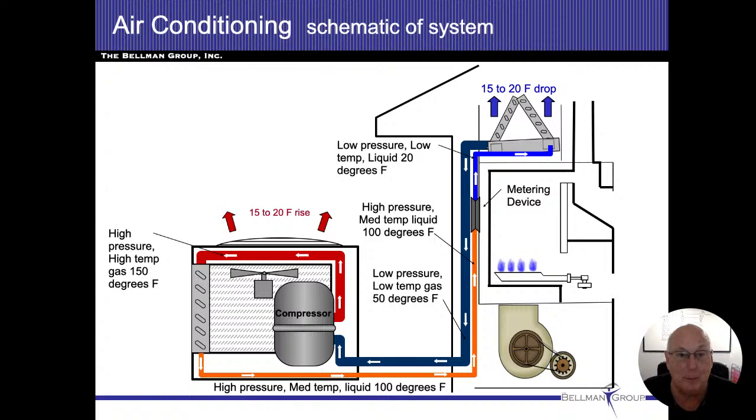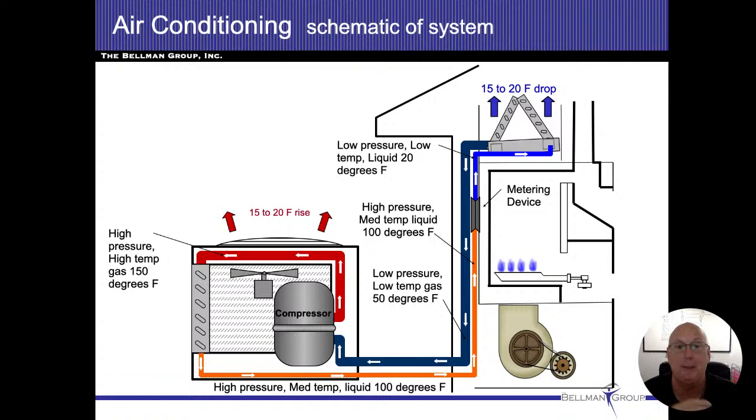As it's expelling the BTUs, it wants to convert back to a liquid. It loses some temperature, but still remains high pressure until I get to the metering device where the pressure now drops. Now I go into the indoor coil, liquid, low pressure, low temperature, absorbing the heat from inside the house, causing the refrigerant to start boiling, and that boiling converts it from a liquid to a gas.